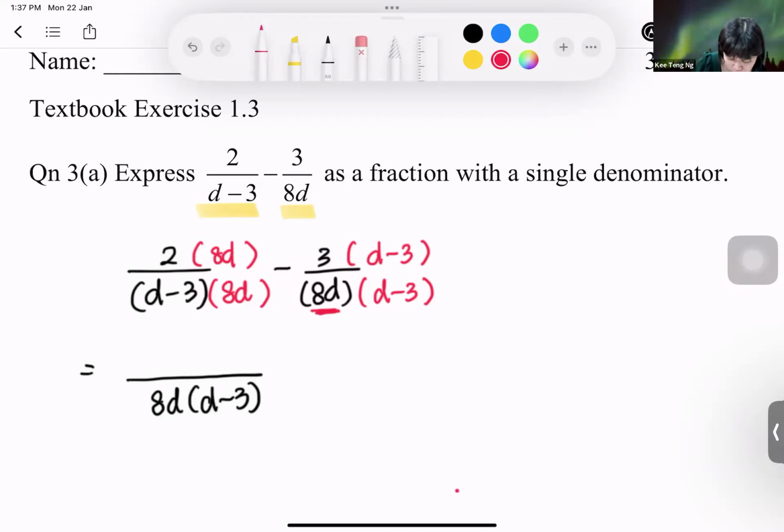So this is actually 2 times the whole of 8d, so 2 times 8d will give you 16d. Notice this is a subtraction, so I need to be extra careful. For the time being, I'm not going to expand out my subtraction first. I'll do step by step.